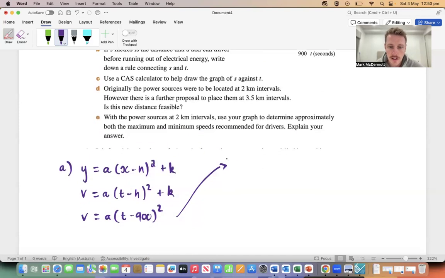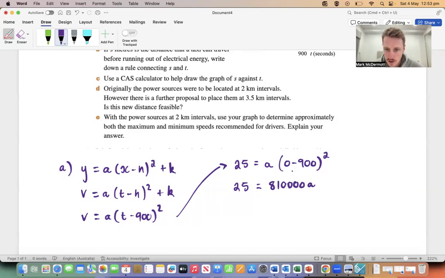So if we sub that in, we know that when v is 25, we don't know what a is. That's what we're trying to find. We know that t is 0 though. Okay, so we get 25 equals 810,000 multiplied by a.